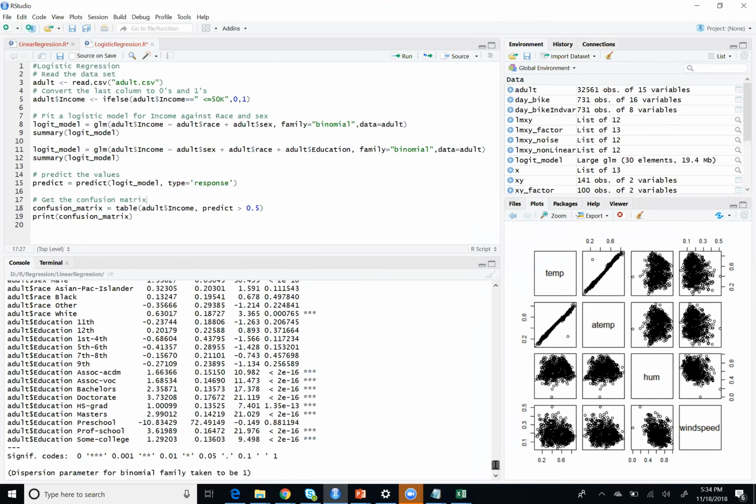In the summary, in education, it didn't matter if you stopped your education at 9th class, 5th class, 6th class, 1st to 4th, or 11th, because all these things gave you the same result. That means you didn't have a degree. But when you have a degree, like associate, commerce, bachelor's, doctorate, science, some professional school, that mattered more, because all these other things were irrelevant.